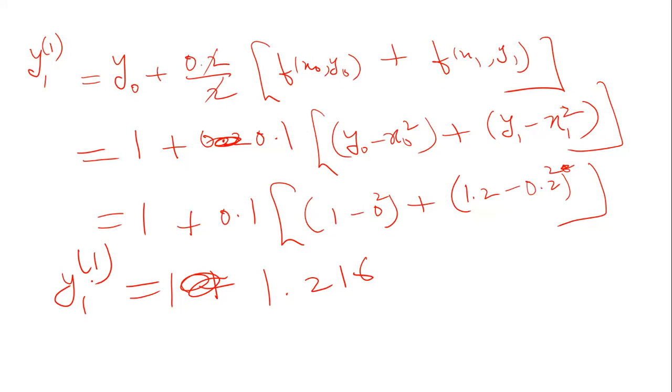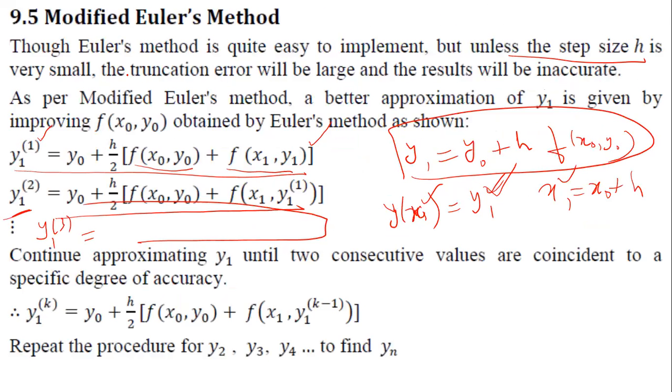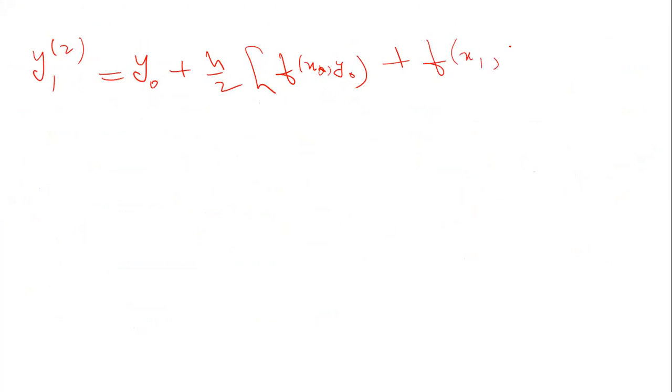All right. So let me go to the next iteration. So the y1 second iteration from this Euler formula will be like this. I think you can capture that in your memory. This will be my y0 plus h upon 2 times f of x0, y0 plus f of x1, y1, where we take y1 from the first iteration.